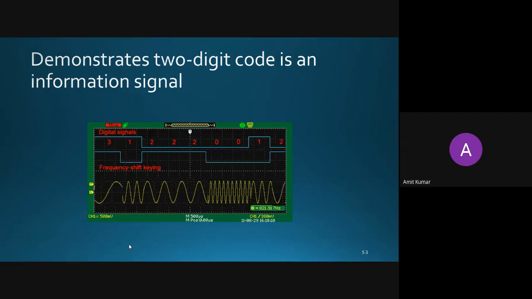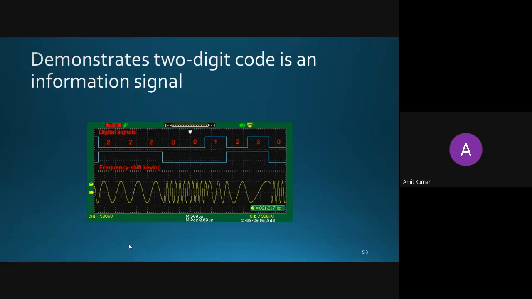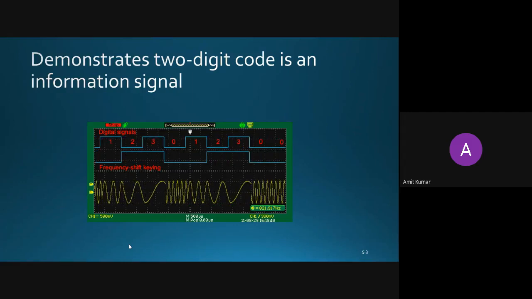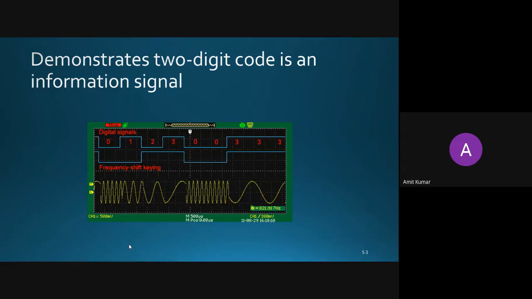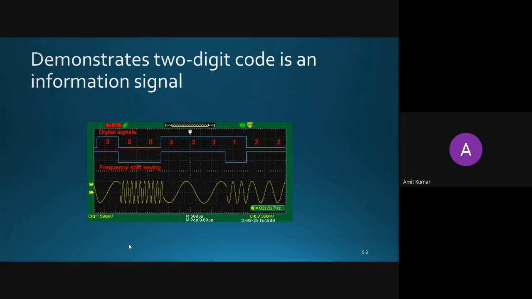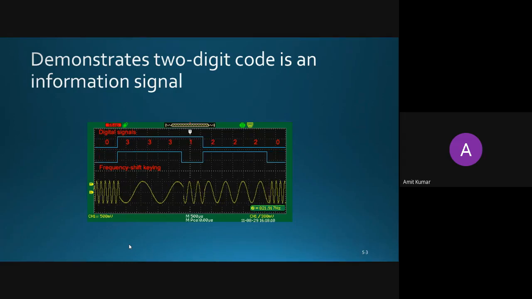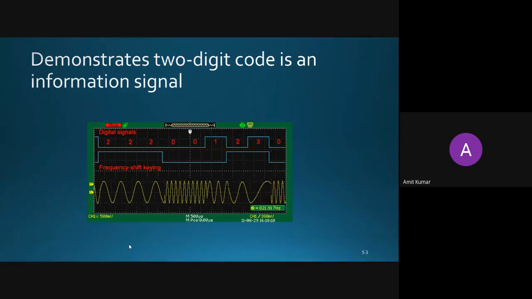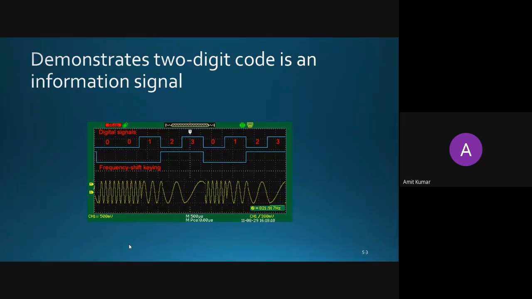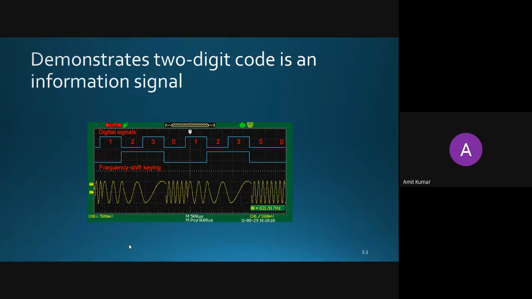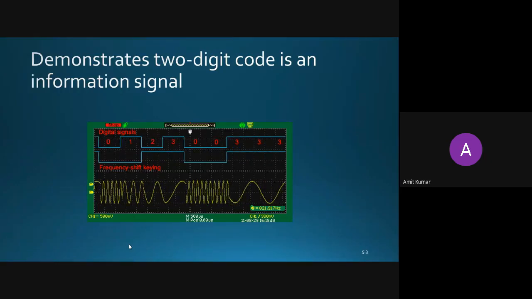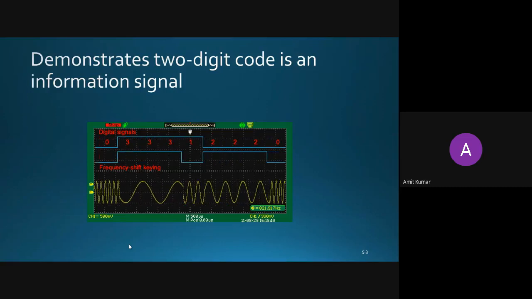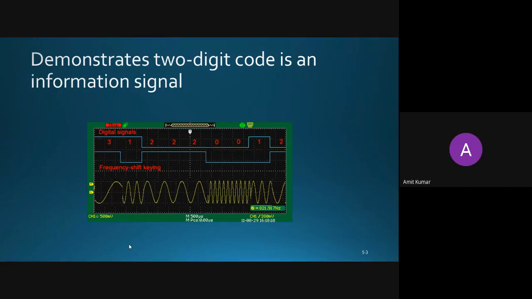In this way, you can generate an FSK signal using this modulation.